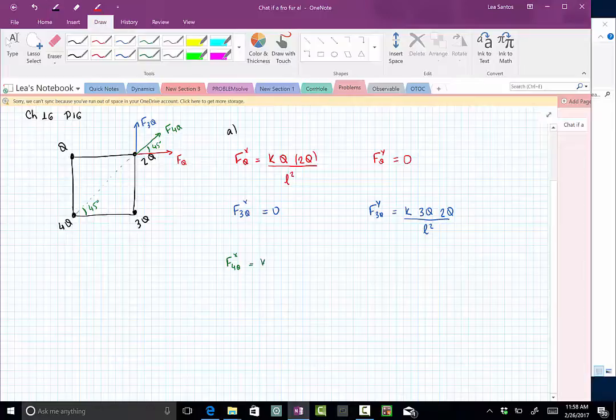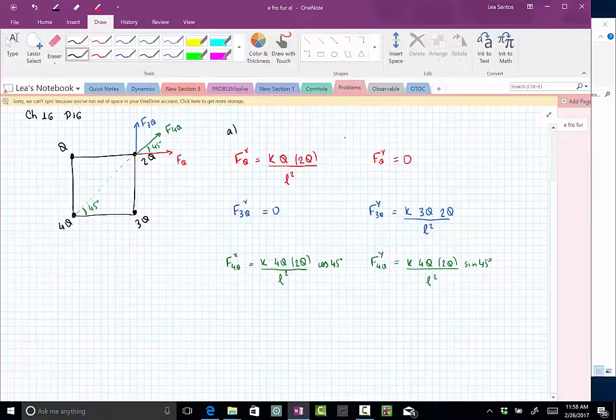Well, K, 4Q, 2Q where we are, divided by L squared. But now we have to be careful. We are looking just at the component in the x direction, so cosine of 45 degrees. In the y direction, very similar: K, 4Q, 2Q, and then the sine of 45 degrees, all divided by L squared.